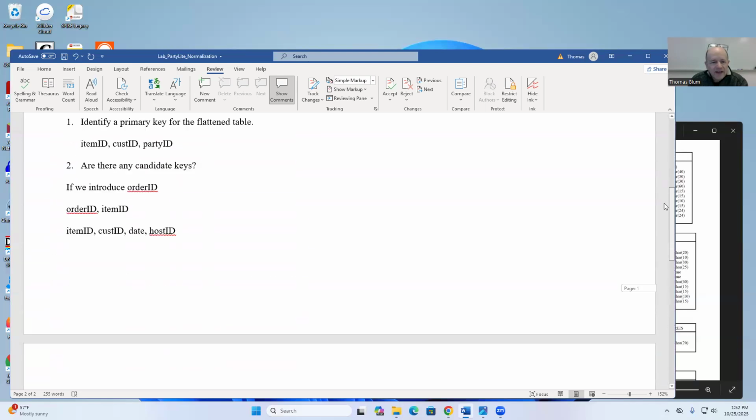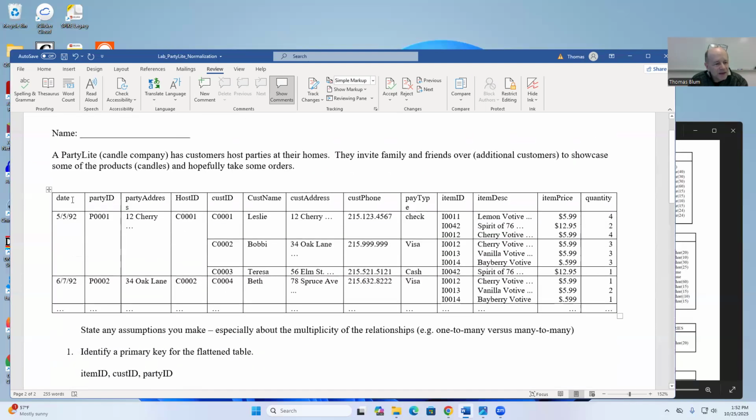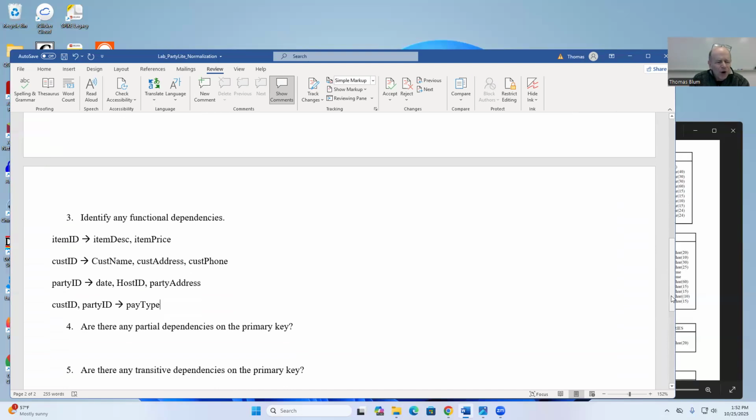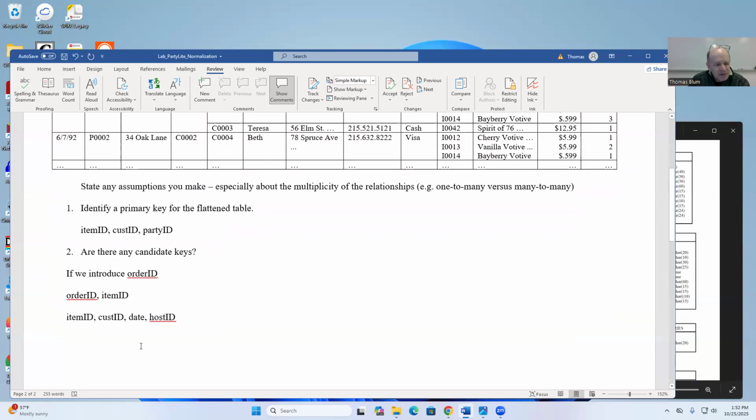Did we leave anything out? We had date, party address, host ID were determined by something, customer name, customer address, customer phone, pay type, item description, item price, quantity. I think I need all three parts of my primary key to determine the quantity because the party ID and the customer combined are giving me the order.